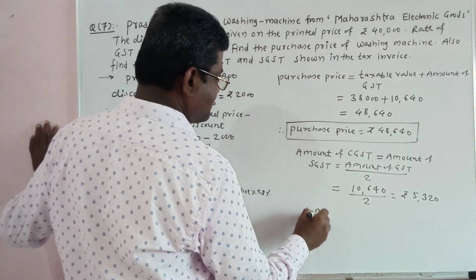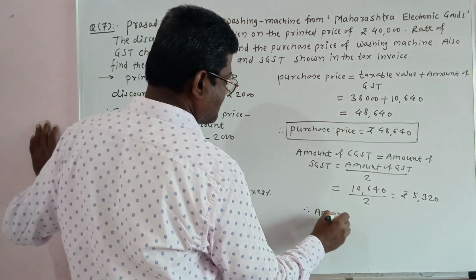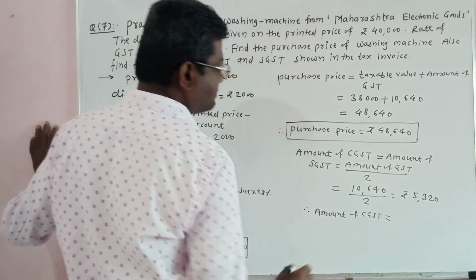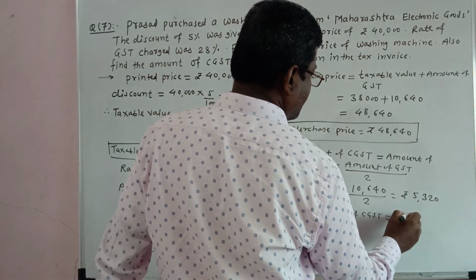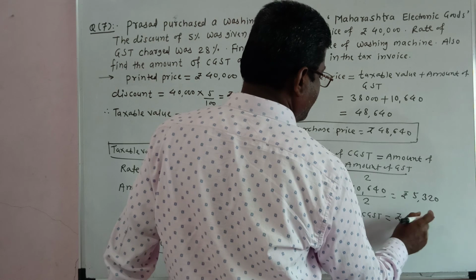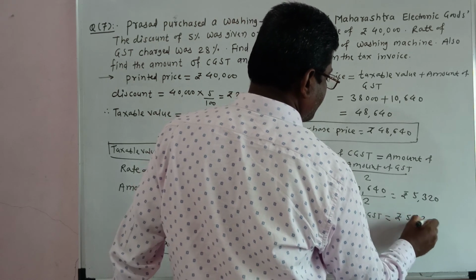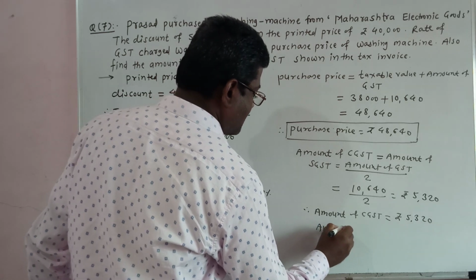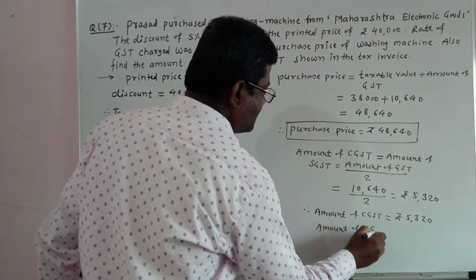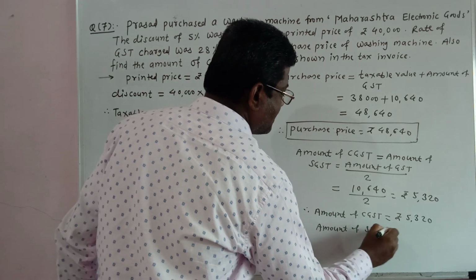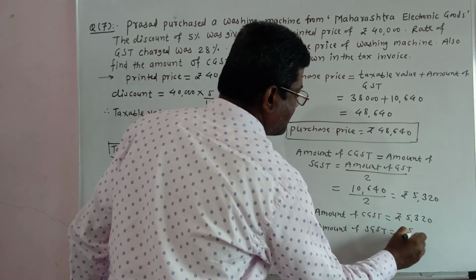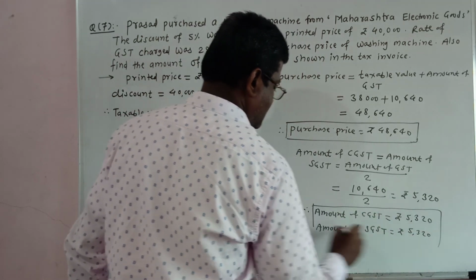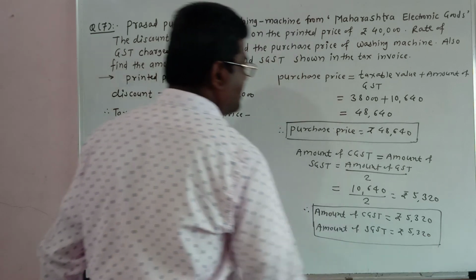Therefore, our last answer: the amount of CGST is equal to rupees 5,320 and the amount of SGST is also rupees 5,320. This is our last answer.